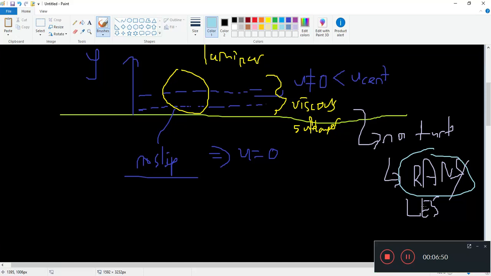We need a wall model for the Reynolds average Navier-Stokes. Now for LES models in general, there will be some kind of wall correction. It may not take the same form as what I'm describing in this video, but definitely you will not have the turbulence near the wall being the same as the turbulence in the center of the fluid, far away from the wall.